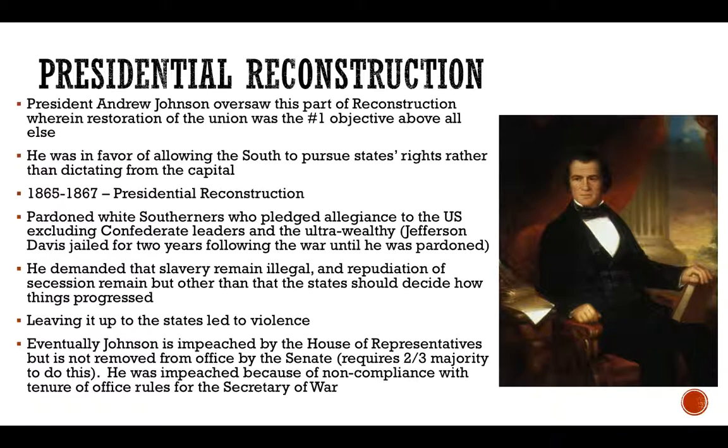Part of what he also did was pardon white Southerners who had pledged allegiance to the United States, and he excluded Confederate leaders and the ultra-wealthy. Jefferson Davis was actually jailed for 2 years following the war until he was pardoned.